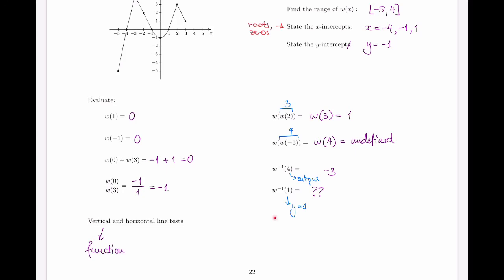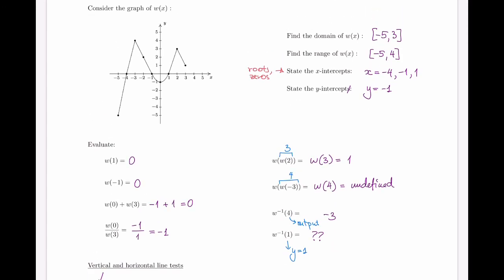As we've just seen here, what that means for inverse functions is the horizontal line test. So if I am to draw a horizontal line, if the inverse is to exist, the graph has to cross that horizontal line at most once. Otherwise, I'm in the situation like I was in the last example above, where I am unable to decide which one of these outputs, or rather inputs of the original function, to take.